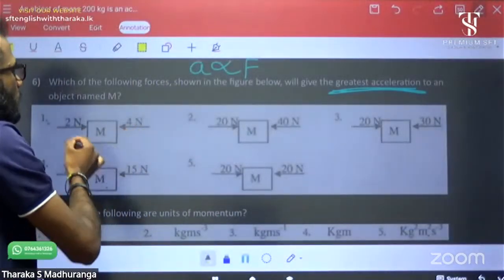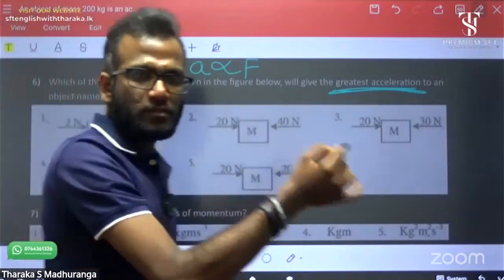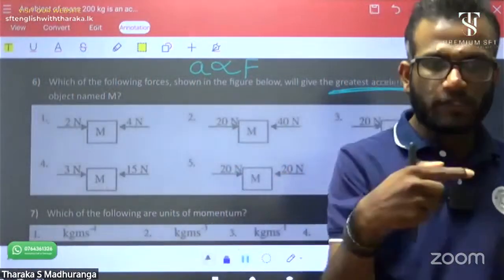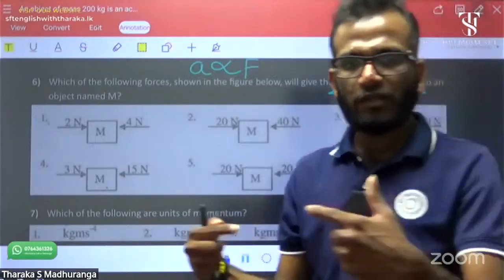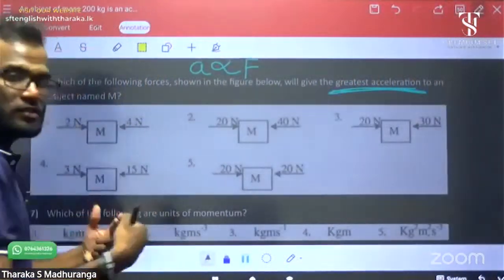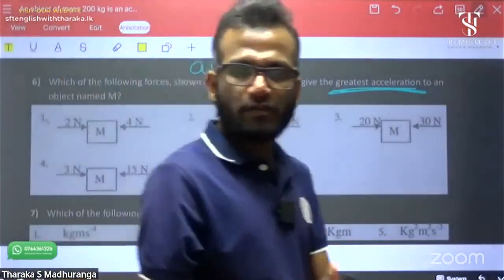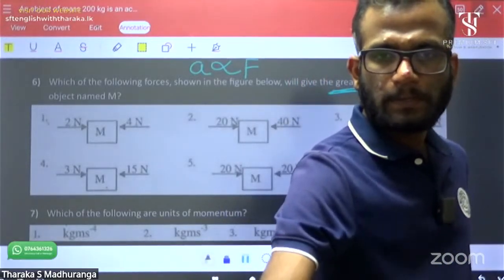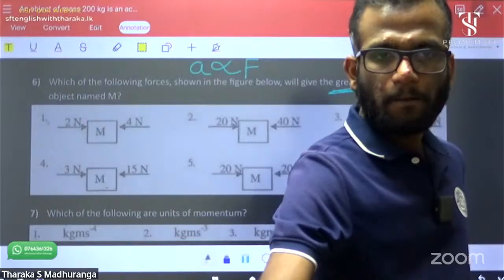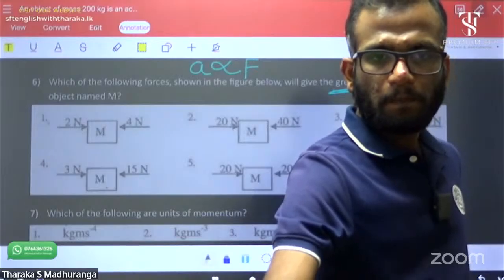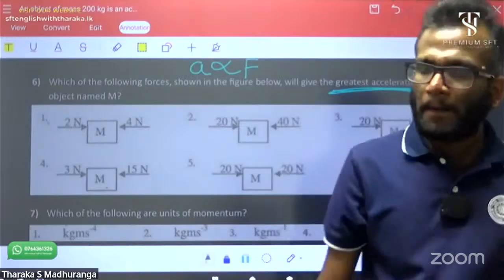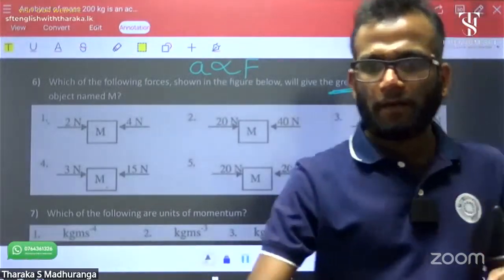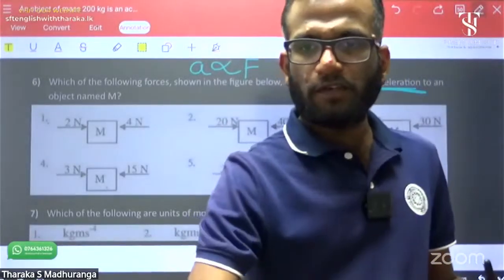the resultant force of the first force system. Two forces are acting along opposite directions. How about the resultant force? Ravindran, how about the resultant force for the first one?